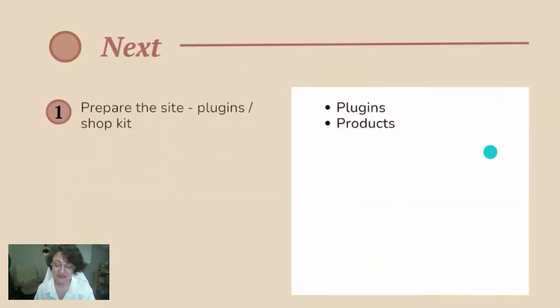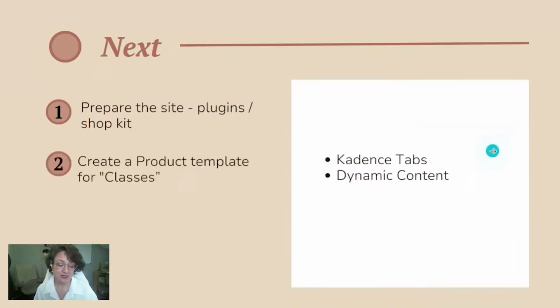The first thing that we're going to do is prepare the site. We're going to get a quick overview of the plugins and which settings have to be on to accomplish what we're going to do today. Then we're going to go through the first product template, which is going to be for the digital classes that she sells online. We're going to just use dynamic content and Cadence tabs, not the WooCommerce tabs, for that one.